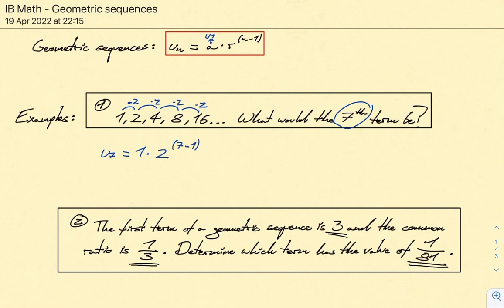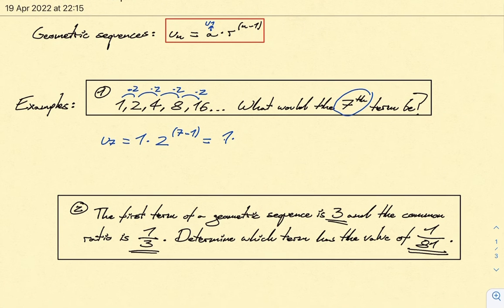Now we can calculate the 7th term. It will be 1 times 2 to the power of 6, which is equal to 64. And that's our 7th term. Quite easy, at least this first exercise.